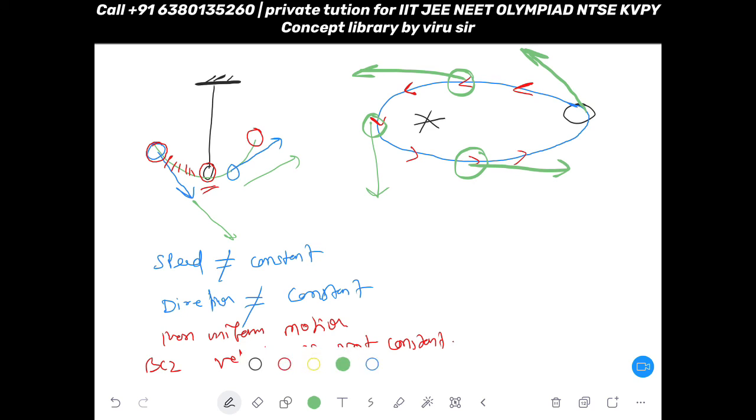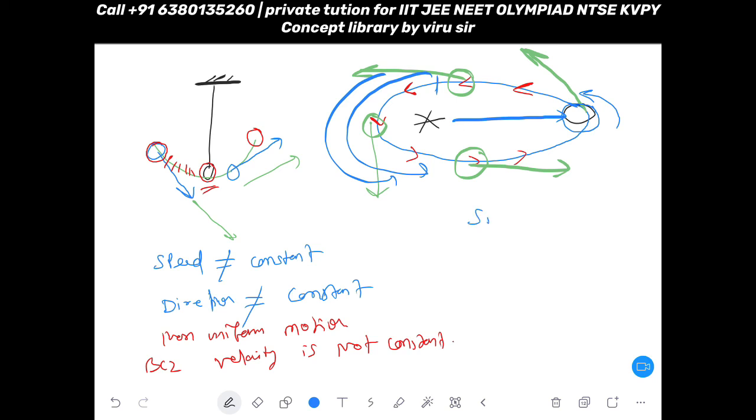So continuously the direction is being changed. At the same time, when the earth is far away from the sun, the earth moves slowly. But when the earth is very close to the sun, it moves faster because of more attraction force. So you can see speed is not constant, and direction is also not constant.